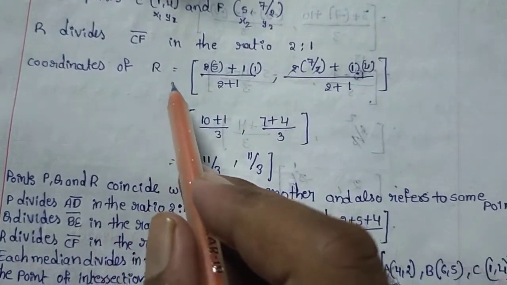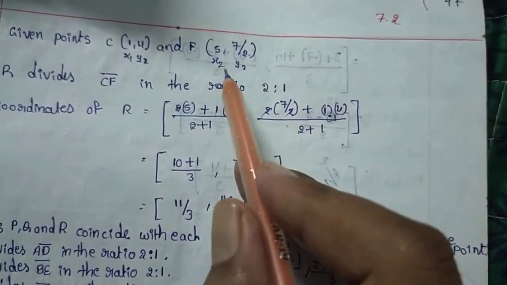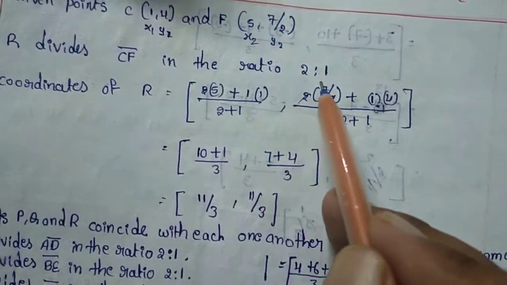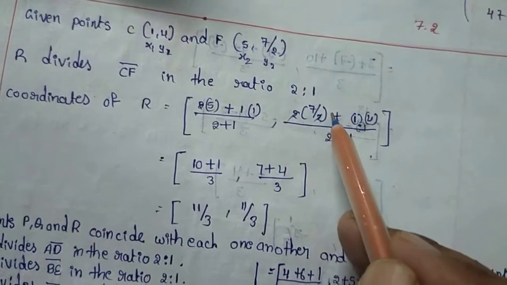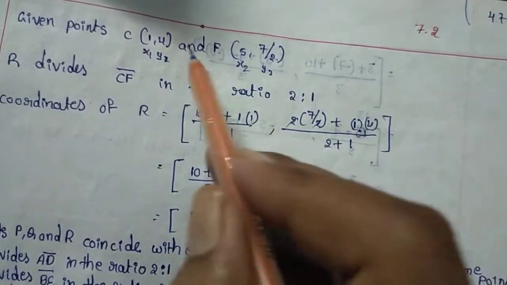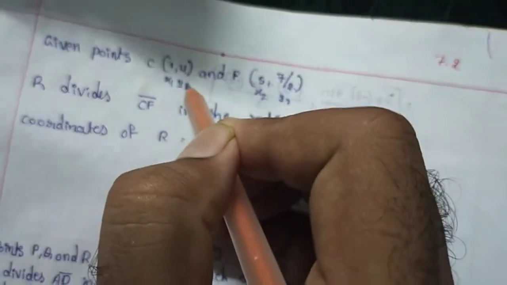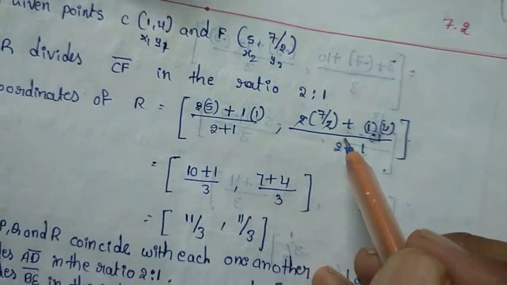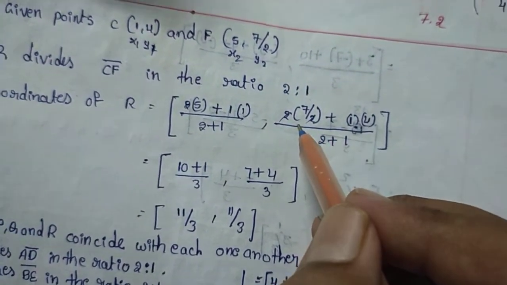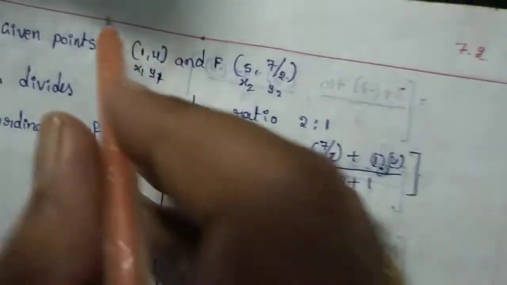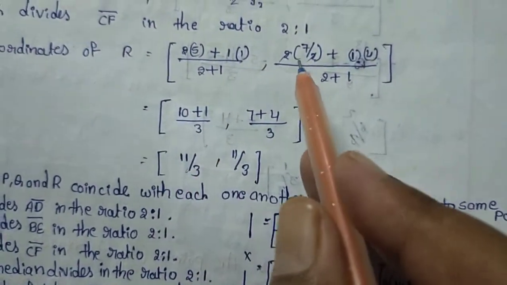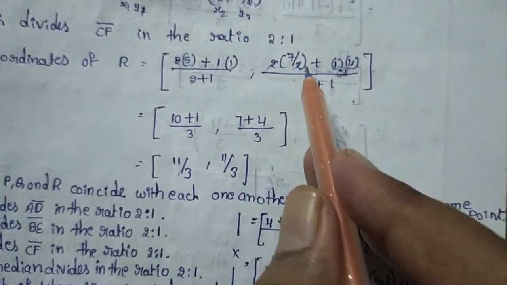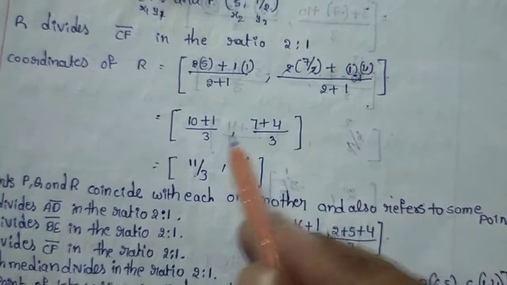Any median 2:1. Coordinates of R equal to m1 is 2, x2 is 5, plus m2 is 1, x1 is 1, by m1 plus m2, and m1 y2 plus m2 y1, plus 4 by m1 plus m2. 10 plus 1 is 11 by 3. 2 cancel, 7 by 2 into 2 by 2 cancel, 7 plus 1 into 4 is 11 by 3.